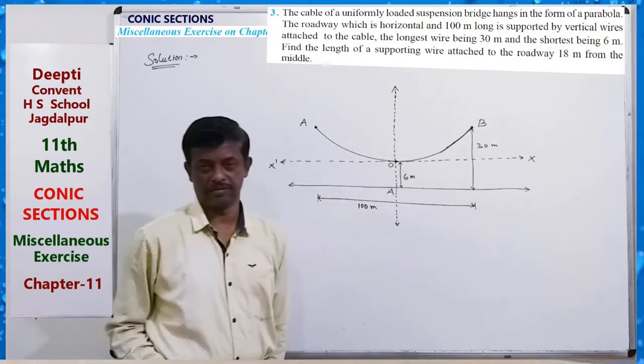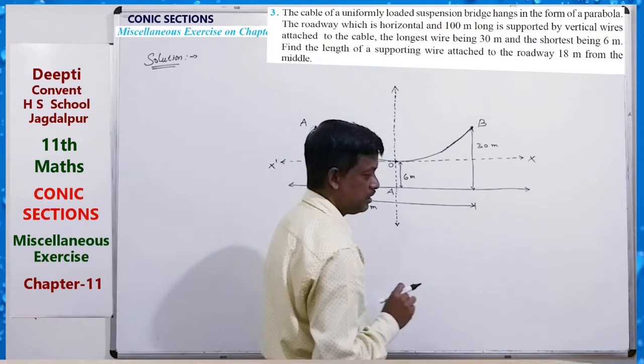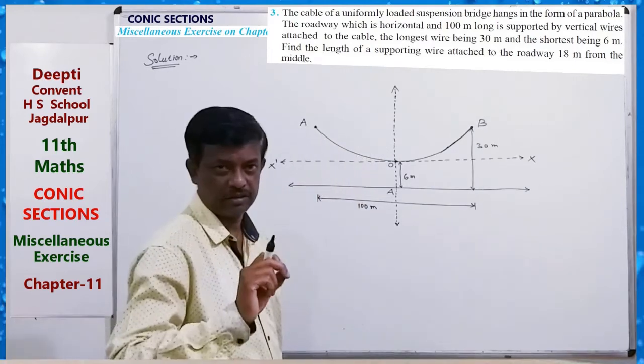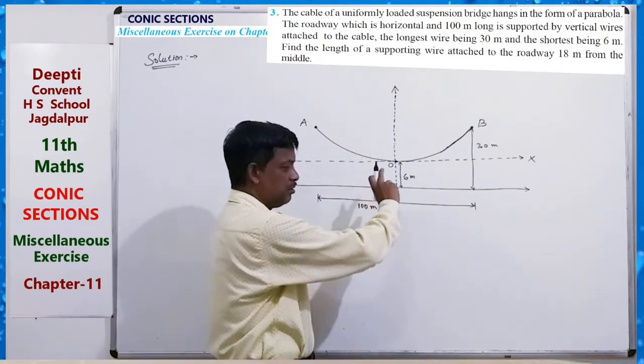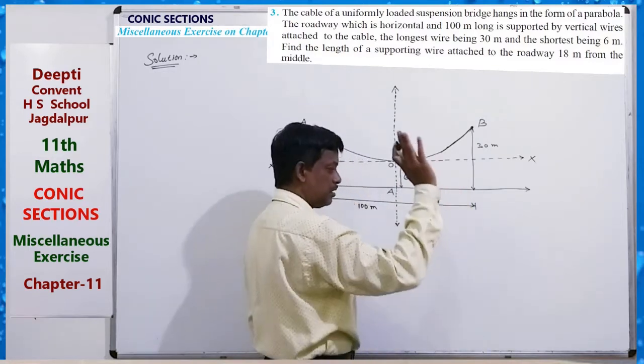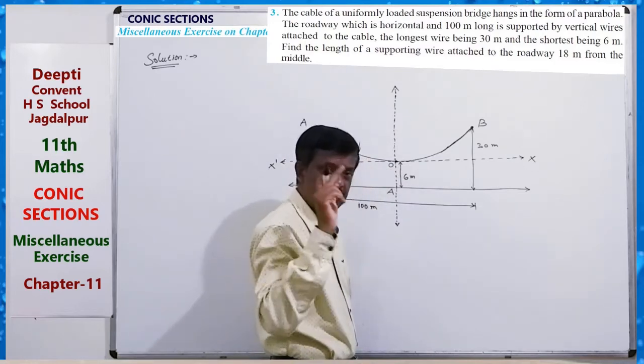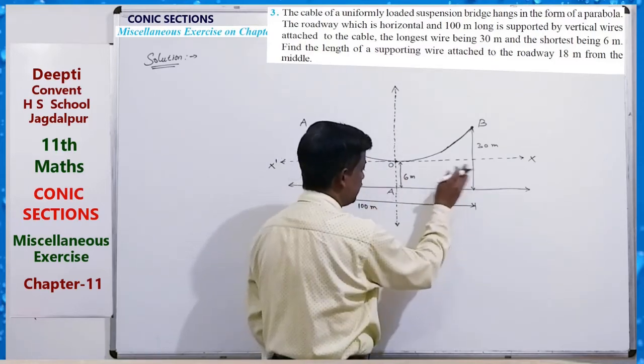And we have to find the length of the supporting wire attached to the roadway 18 meter from the middle.